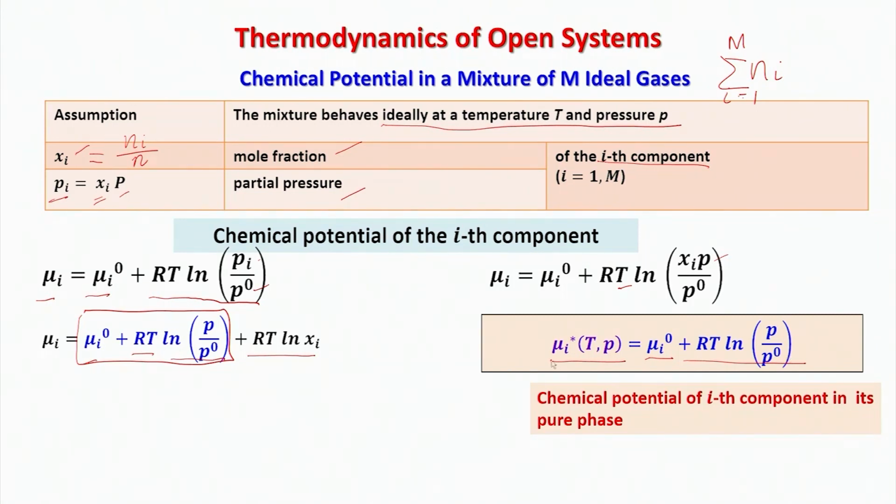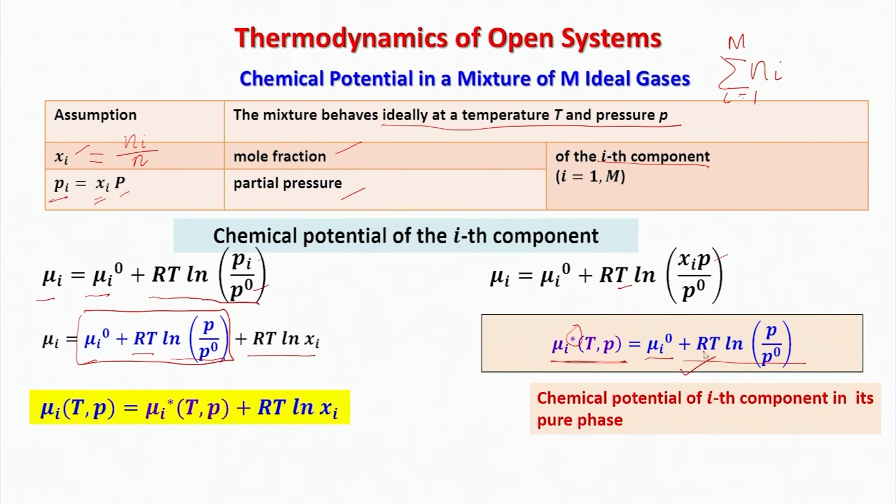And therefore, I am adding a star as superscript here to mention that the sum of these two terms corresponds to the chemical potential of the ith component in its pure phase.